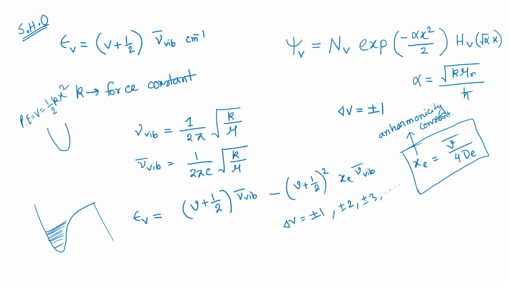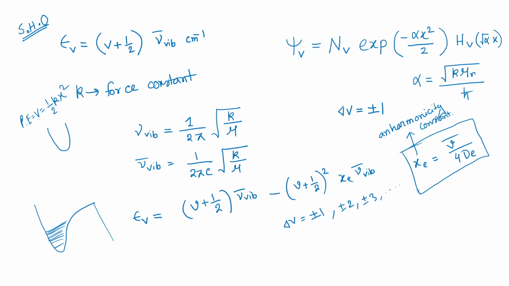Yeah, so what I was trying to say is that you have already given the answer that the most populated vibronic state would be V equals to zero, and from there most of the transitions take place. Earlier, in the ambit of the simple harmonic oscillator, it was delta V equals to plus minus one, so the transition was from V equals 0 to 1.